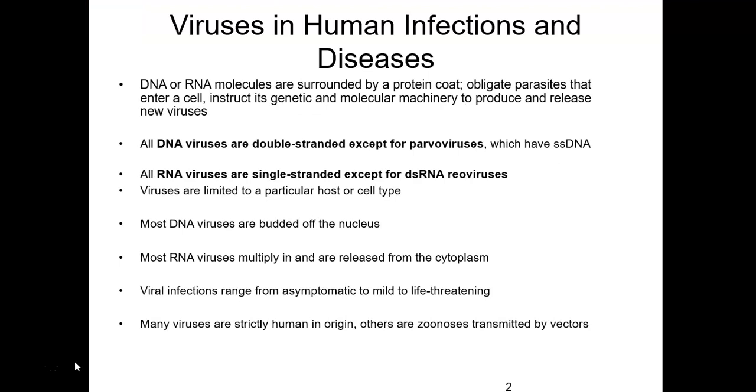Just some general trends about viruses and their role in infectious disease. We have already talked about the structure of our viruses. We know that all viruses contain two major components. First of all, they all have an outer shell known as the protein capsid, and the capsid is made of subunits that we call capsomers.